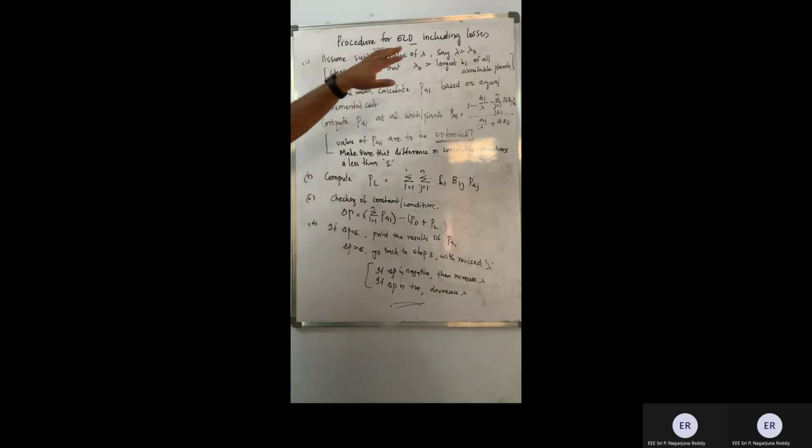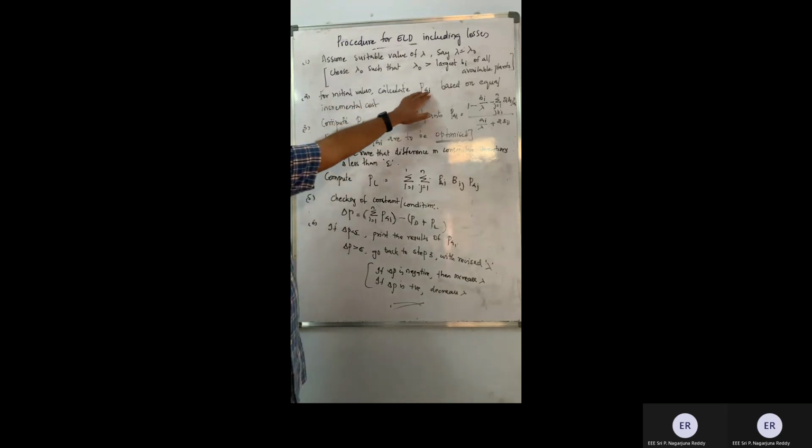How to choose lambda naught? The largest B_i of all available plants. Next, for initial values, you go with PGI based upon equal incremental cost. Next is compute PGI and optimize it. Compute power loss. And finally compute delta P. If delta P is not met, or if it is not nearly equal to 0, you change the value of lambda, go back to step 3 with the revised value of lambda.